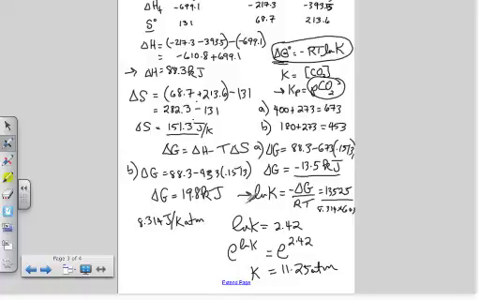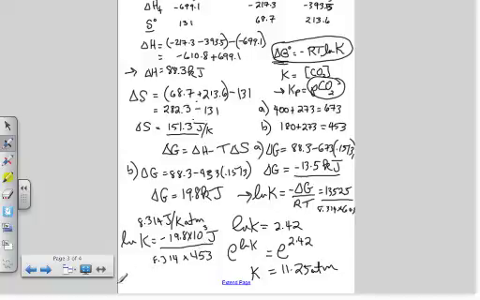We're going to do the same thing in B. We're going to take this equation here and plug our values in. So the ln of K for B is equal to our delta G at that temperature, and the negative sign doesn't go away. So I'm going to take 19.8 times 10 to the third joules over 8.314 times the temperature, which is 453.